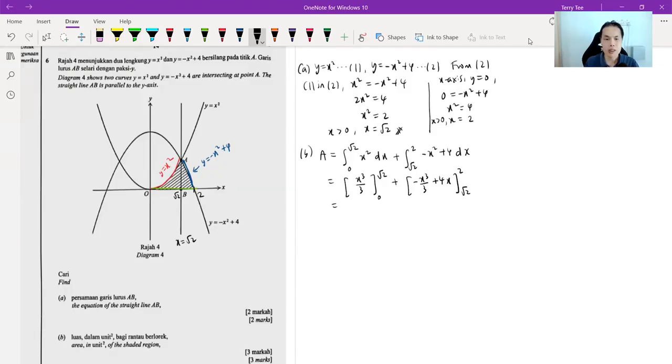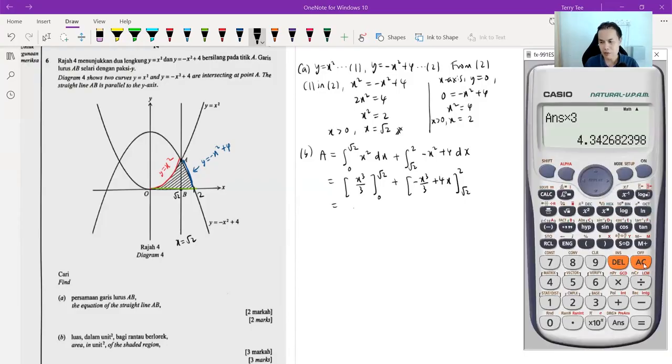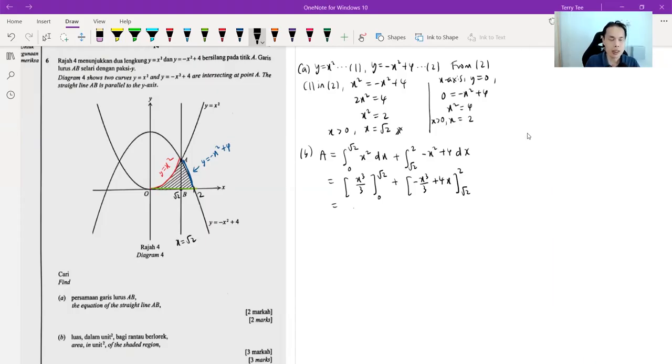There's one shortcut, you can use your calculator if you want. 2√2 cubed is the square root of 8 cubed, which is 2 times 2√2, you can do it directly in one shot. If you're not sure, I can show you here. 2 power 3 is basically 2 power 2 plus 1, which is 2 squared times 2.